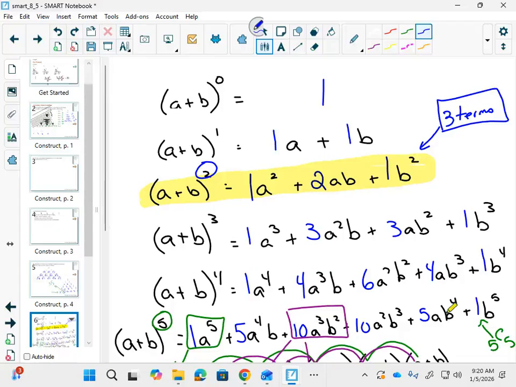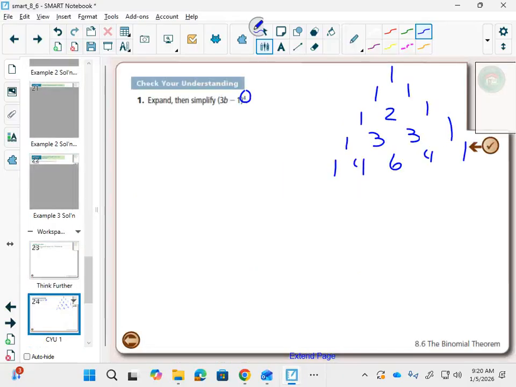So in our example here, where we have 3b minus 1 to the 4, I see that 4. I know that I need 5 terms, and in Pascal's triangle, I look for the row with 5 numbers.